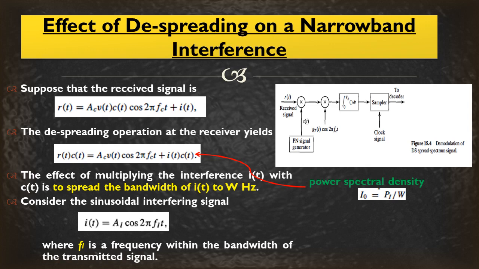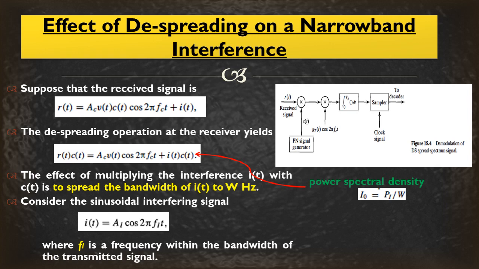Now, what is the power spectral density of the component I(t) multiplied by C(t)?